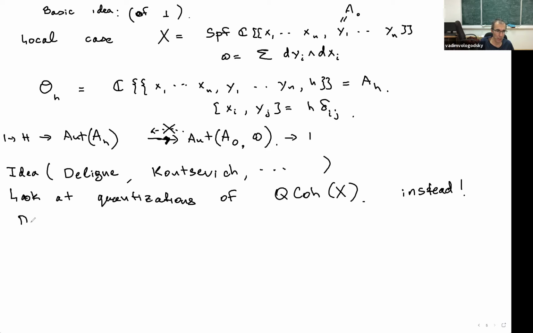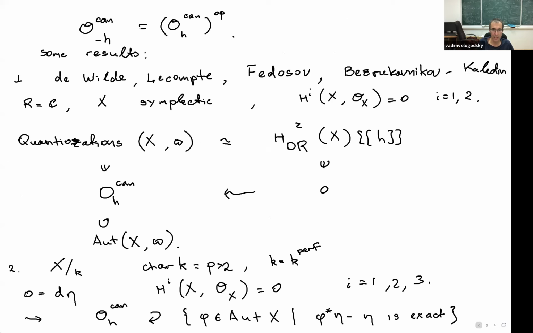So, a digression on, say, just abelian categories. I need to tell you what it means to deform an abelian category. Let's go back to the first slide.